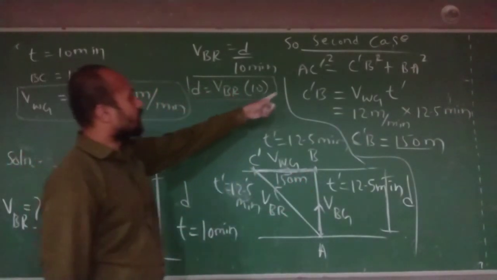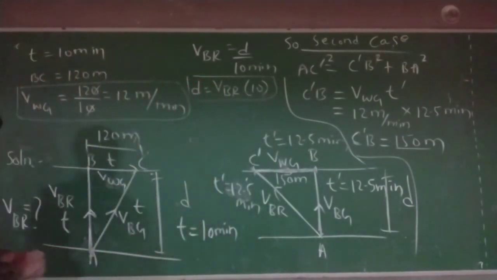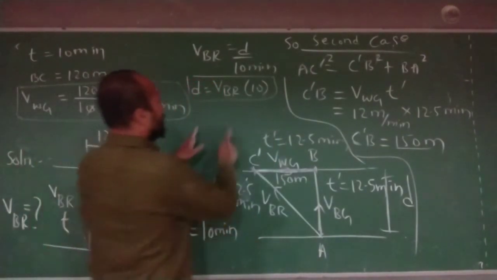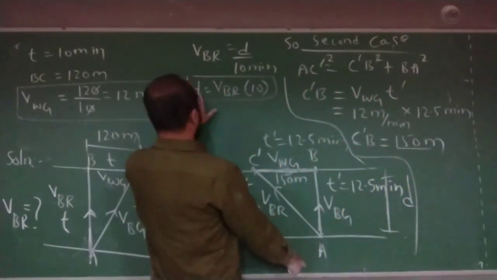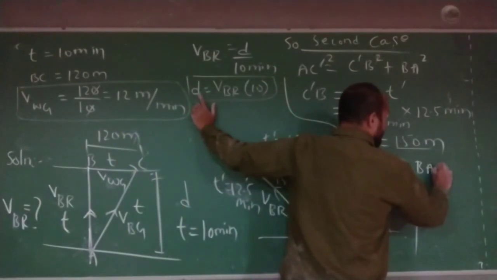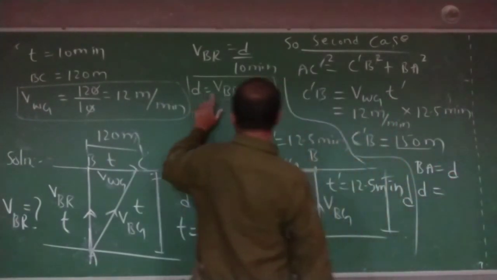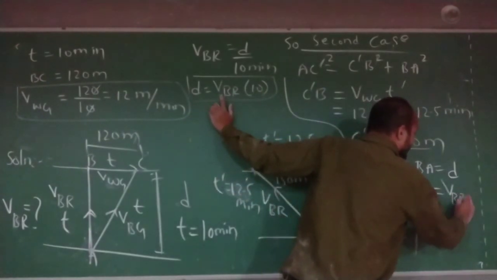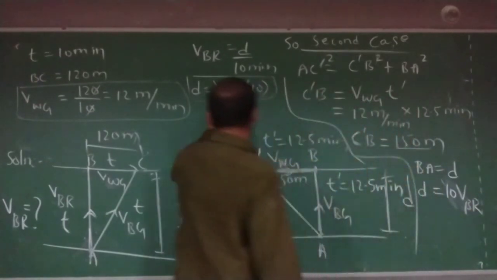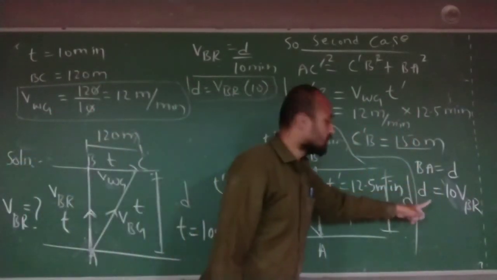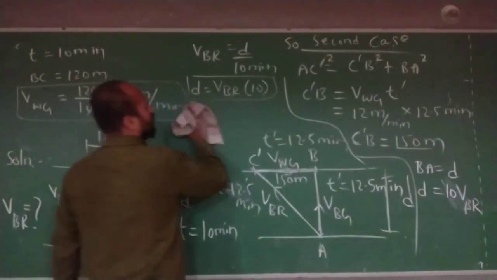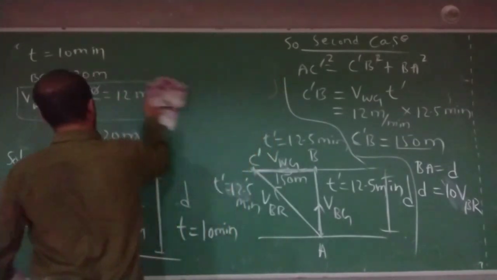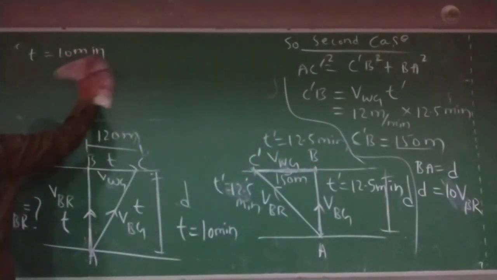So see here, what is my target to calculate, AC dash here? What is BA? BA is nothing but AB, that is D, where D is equal to VBR into 10, or 10 VBR. I am writing 10 VBR here, in terms of meter only, with VBR in terms of meter per minute.